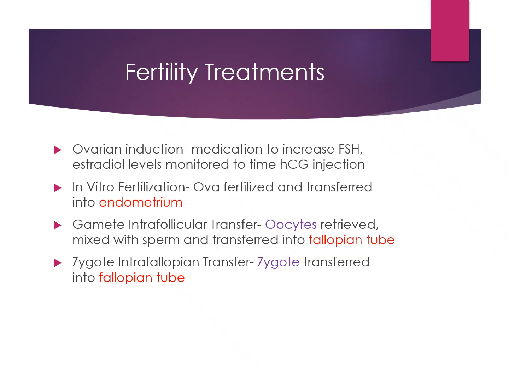Well, if the problem is starting there where we're just not ovulating, they can actually give them a medication to increase that follicle stimulating hormone, and then use labs to see when's the best time to give them an additional hormone, which is HCG. They'll watch their labs after getting these follicle stimulating hormones until it's the right time, and then they'll get an HCG injection, which will then cause them to ovulate.